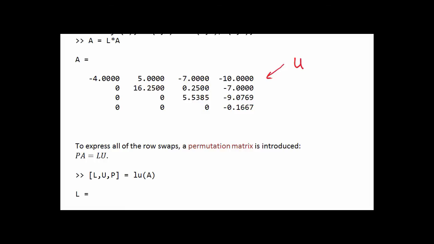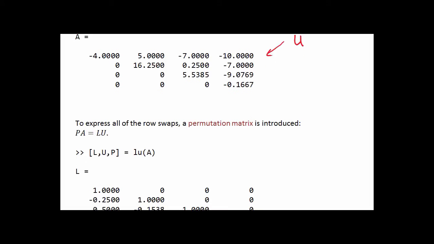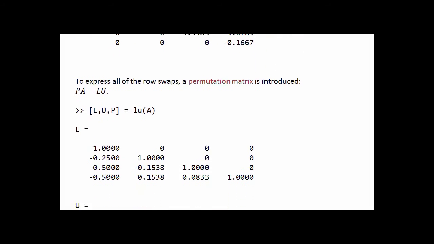Now, the details are a little bit complicated. There's a little bit more linear algebra to show what happens in terms of factorizing, because while this is U, it's not so clear what's happened to our L. Remember, our L before came from some lucky matrix multiplications working out just the way we wanted. Well, it turns out that we get lucky again, and we can express all of this in a very simple way, just by adding what's known as a permutation matrix.